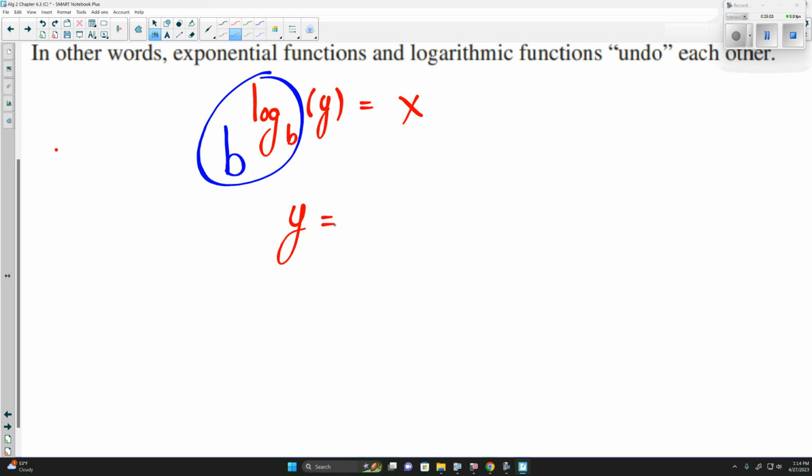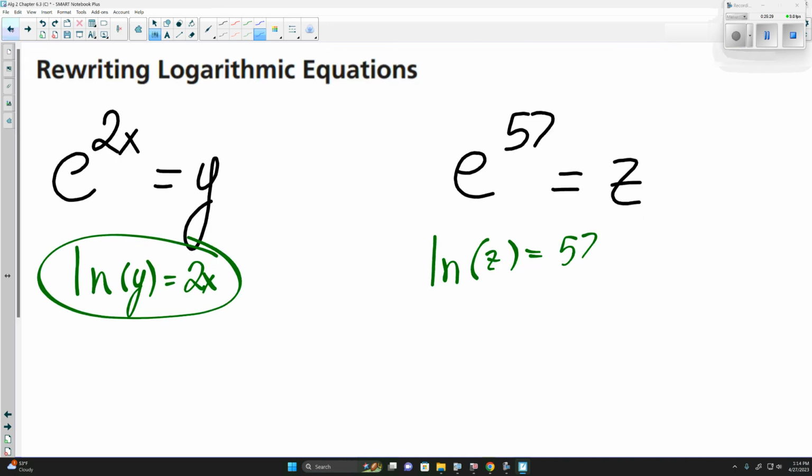But if I do something to one side, I've got to do it to the other, so I've got to apply the base b to the other side, giving me b to the x, yes? Well, the statement we started the lesson off with was what? Log base b of y equals x if and only if b to the x is equal to y. Is that what we got? Yes.